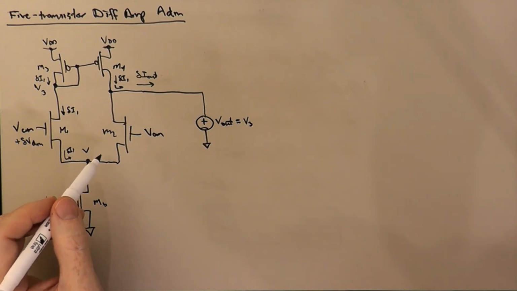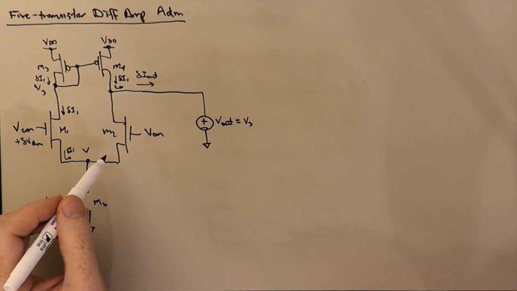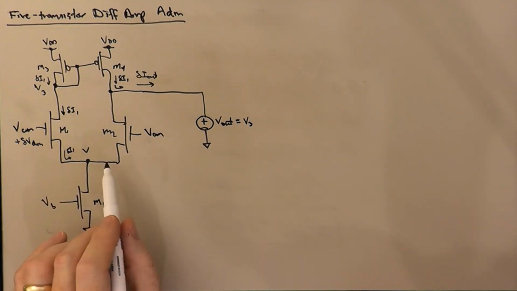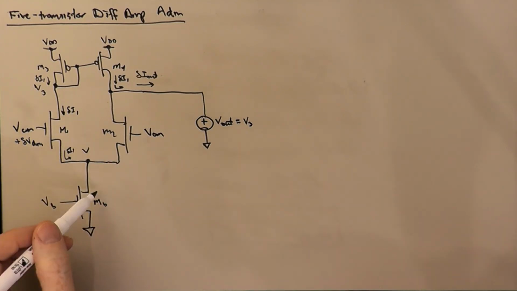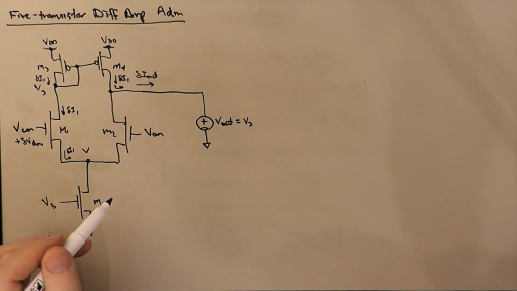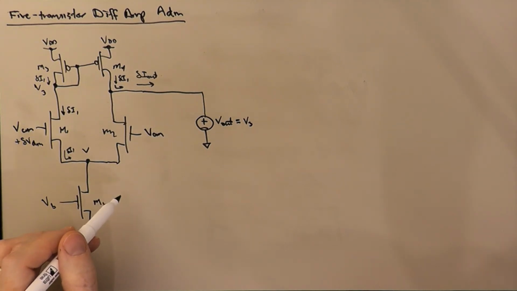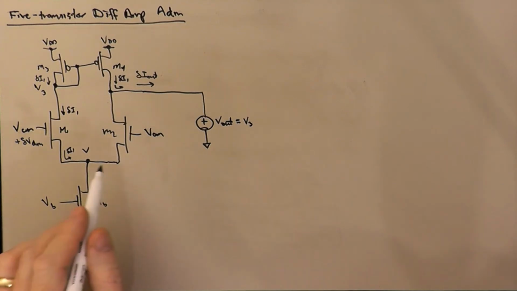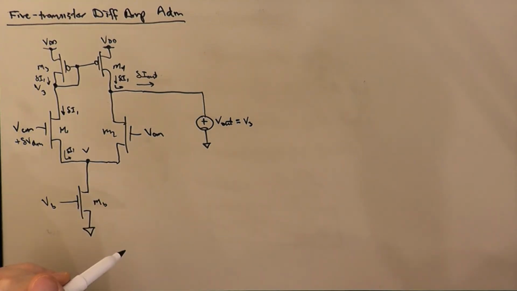And the current divider ratio is going to be proportional to the incremental conductance of each of these branches. So we've got a GS and we've got an RO. And if GS-RO is much bigger than 1, then the GS is going to be a much bigger conductance than 1 over RO. And so 99.9% or 99% is going to go for the source of M2.